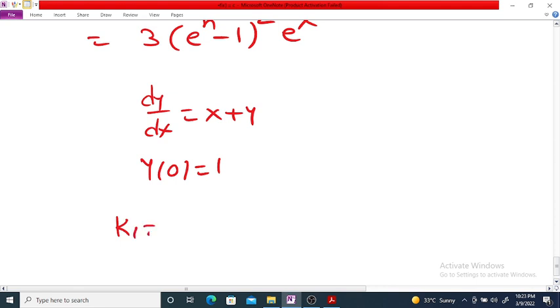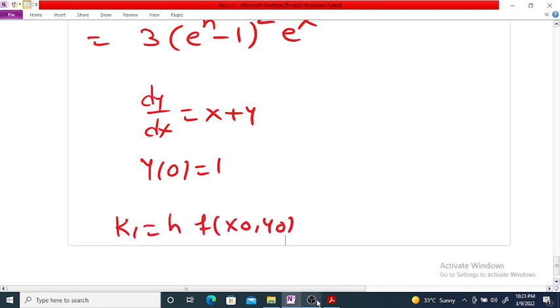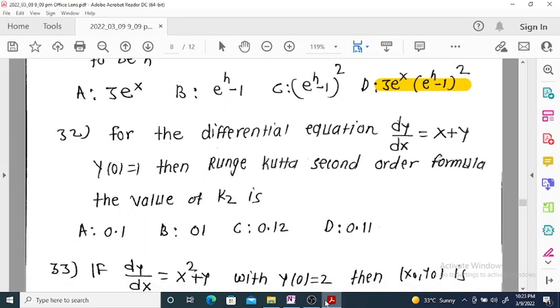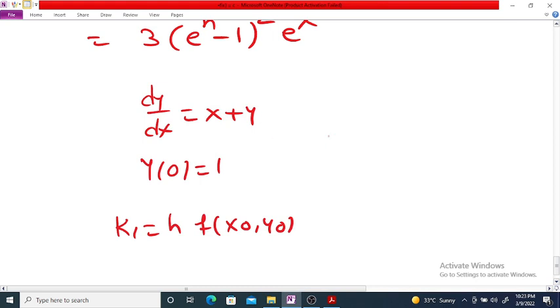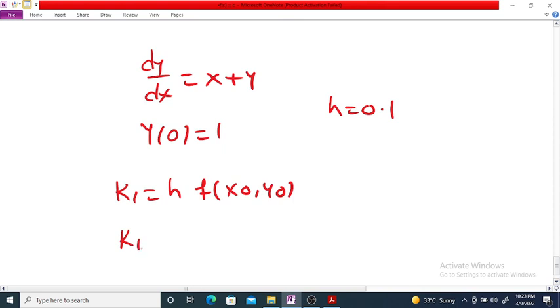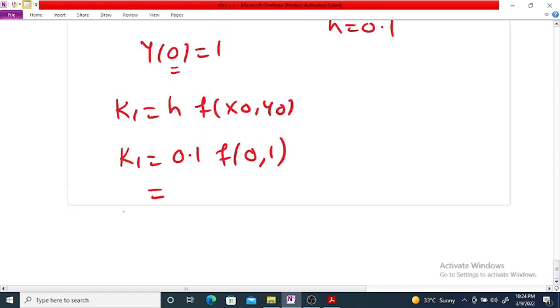So what is k1? k1 is equal to h f of x0, y0, and h is not given here. We take h equal to 0.1. So k1 is equal to 0.1 times f of x0, where x0 is 0 and y0 is 1. So this is 0 plus 1, so k1 is 0.1.